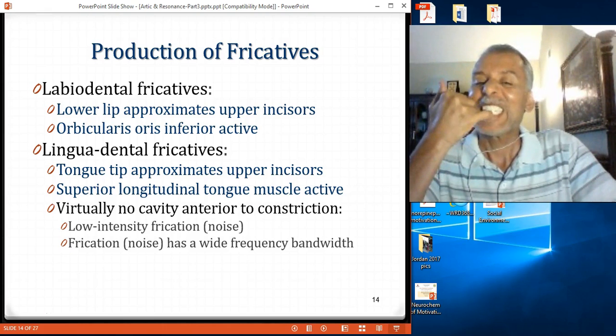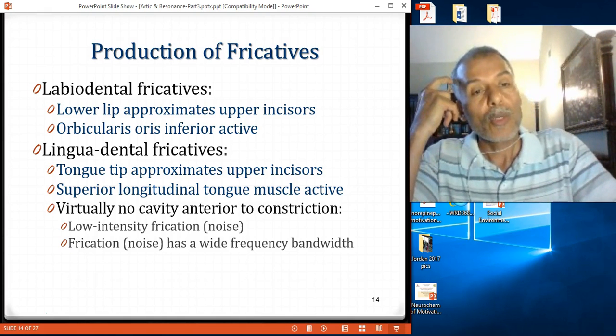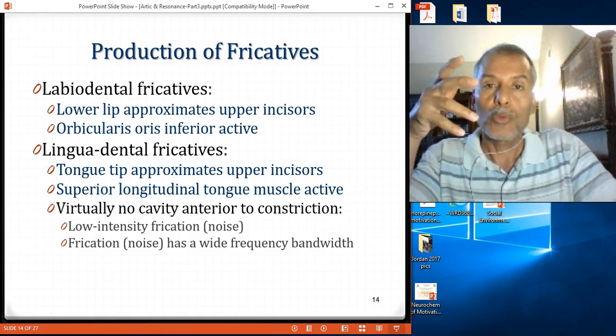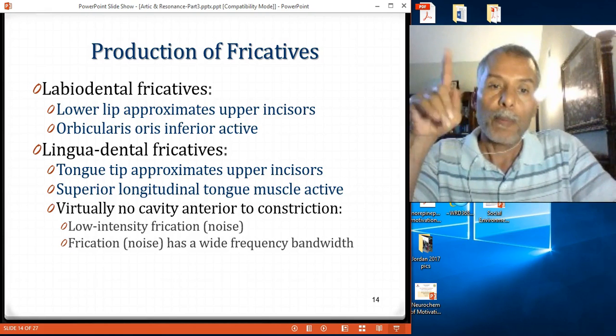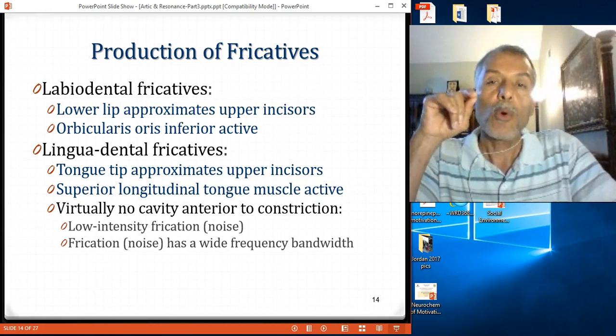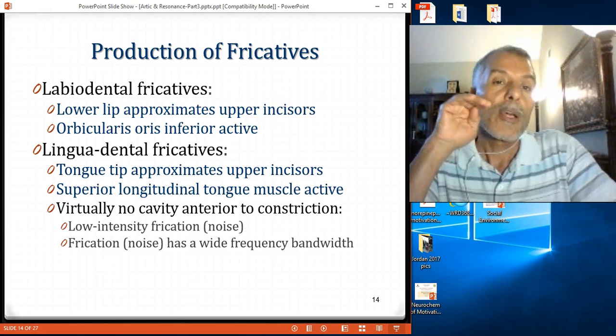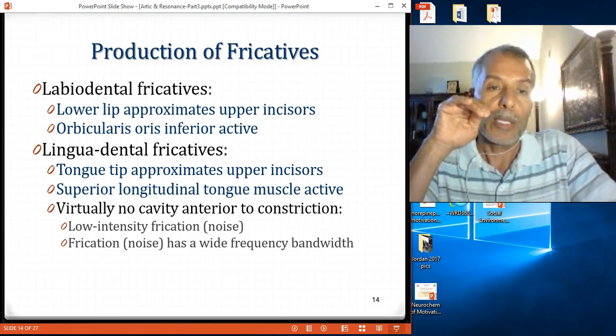You also need the superior longitudinal tongue muscle to lift up the tongue tip, but remember, you also require the genioglossus to be able to protrude the tongue out of the lips.